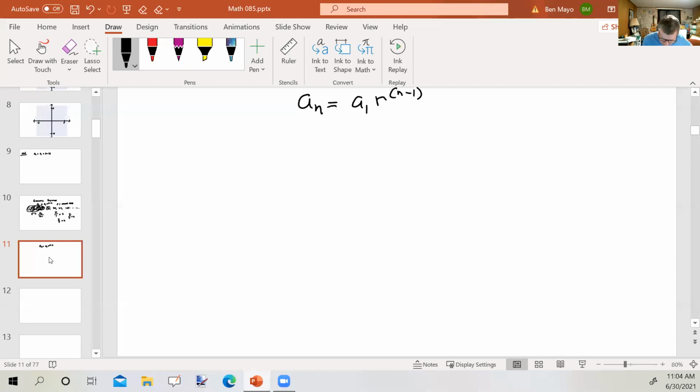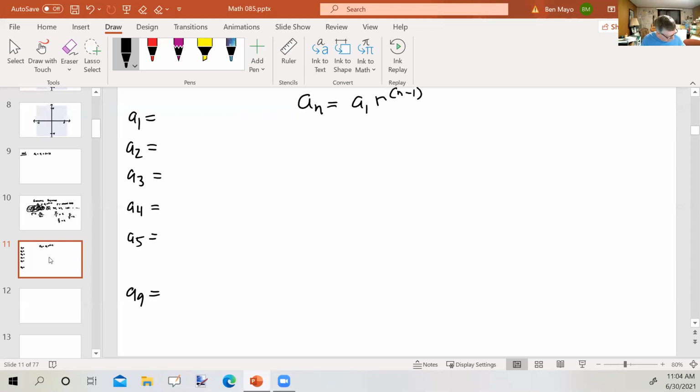We are to find the first 5 terms. So we're going to find a sub 1, a sub 2, a sub 3, a sub 4, and a sub 5, and then find the specified term. In this case, they ask us to find a sub 9.